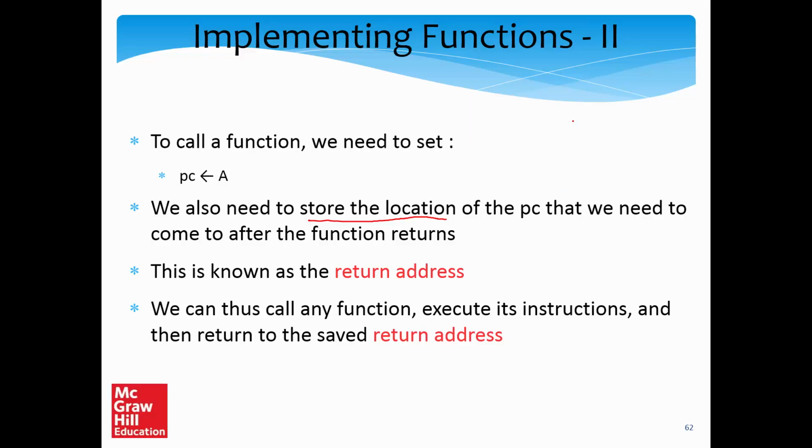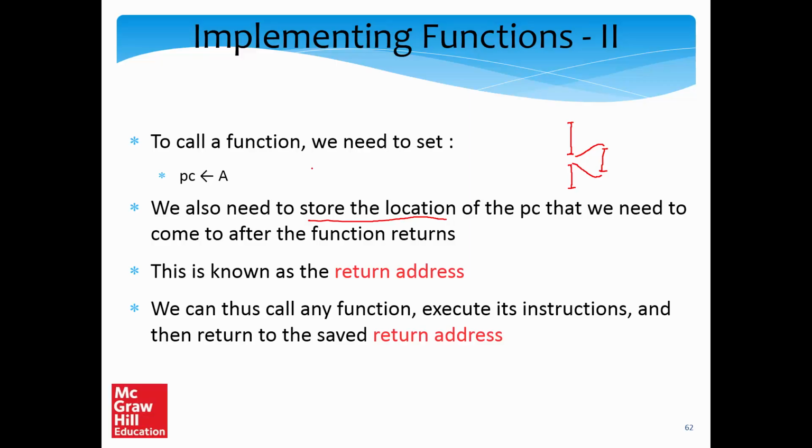In a traditional execution of a program, we keep on executing, we go and execute some function, we execute the function and we come back, and then we start at exactly the same point. So we need to store the location of the point at which we return from the function. This is known as the return address.